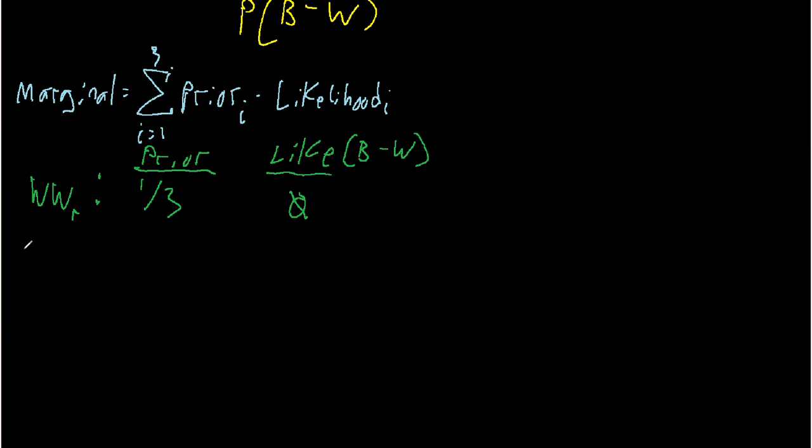Now let's go with white, black first. Again, my prior is 1/3. And now what about the likelihood? If I draw white, black first, only half of the time is the black face going to show up. So when I draw the white, black card, only half of the time am I going to get the black face up.